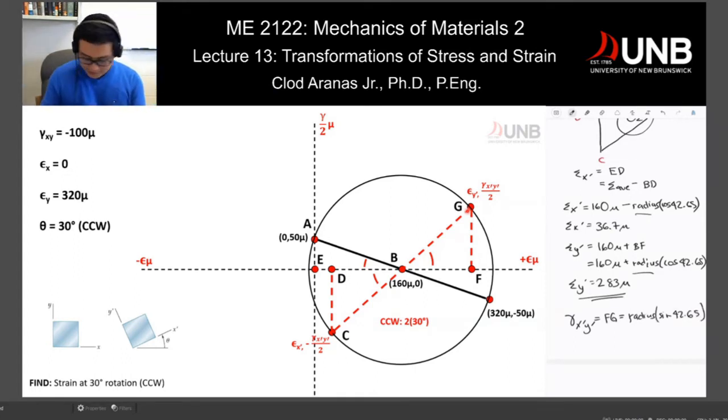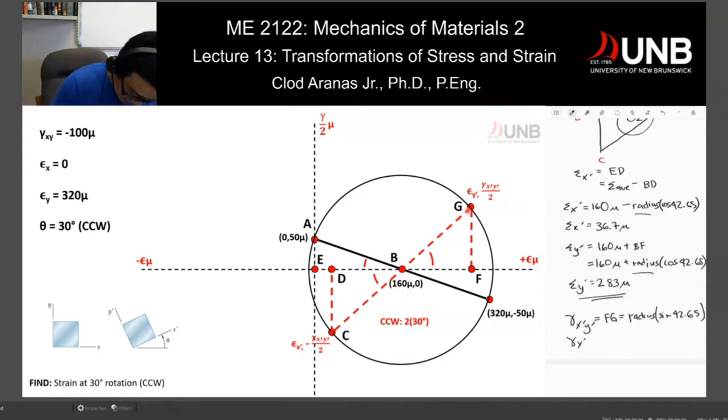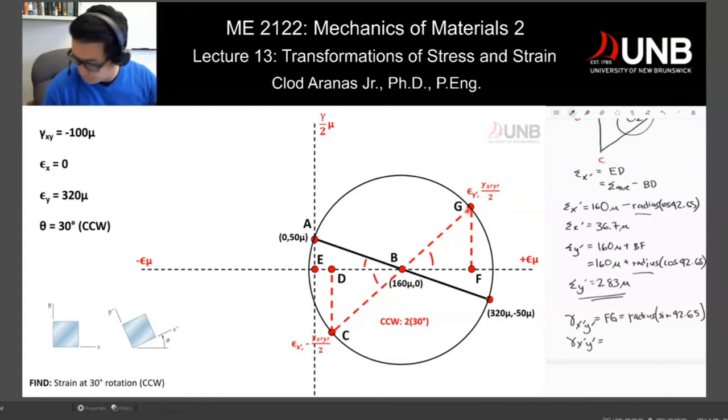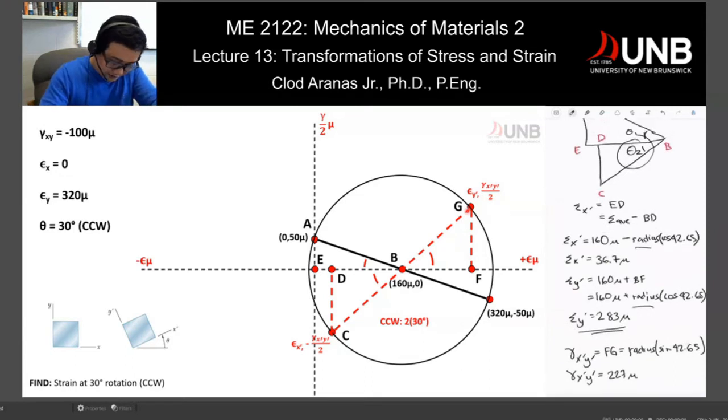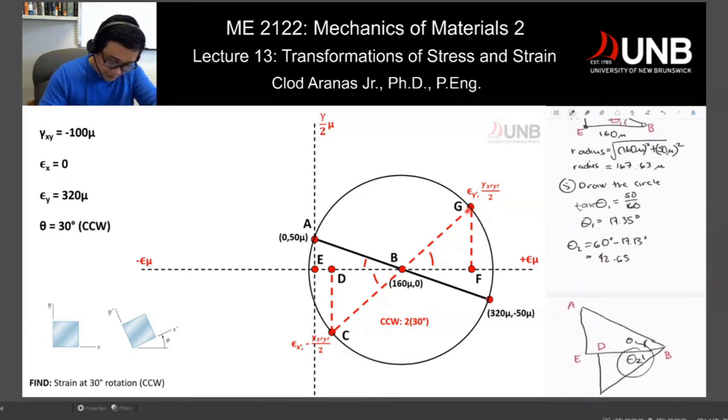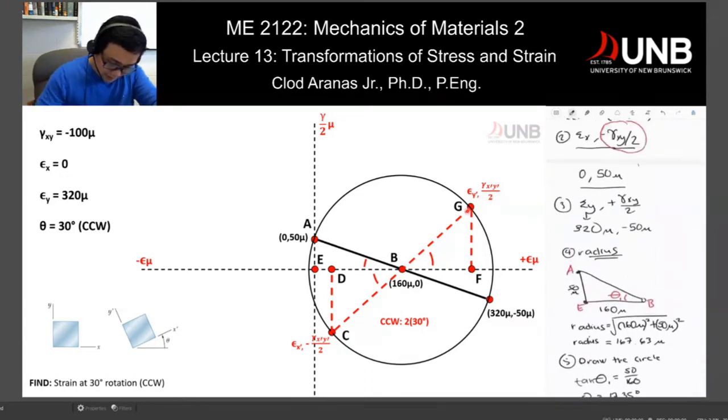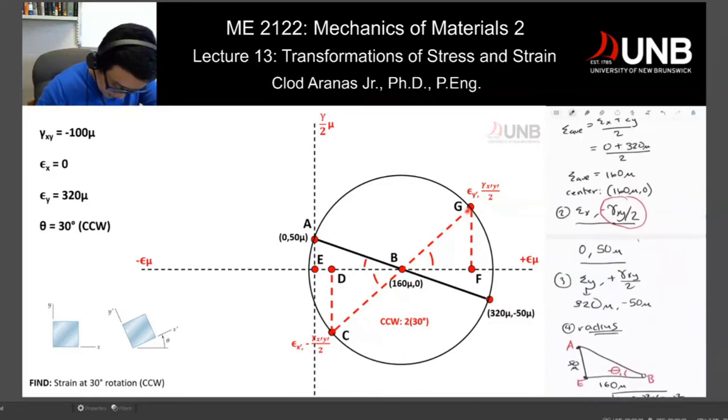That would give you a value of x prime y prime equal to 227 mu. So now you're able to get it based on the dimensions, and if we check the numbers on top, they are the same values. I just want to check.